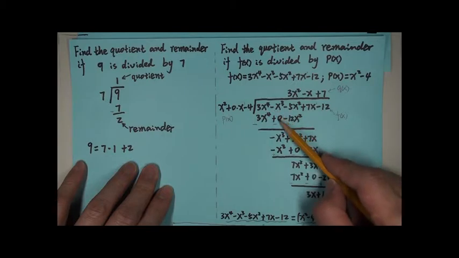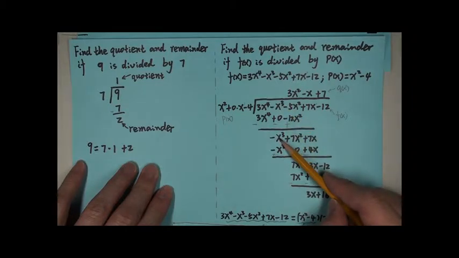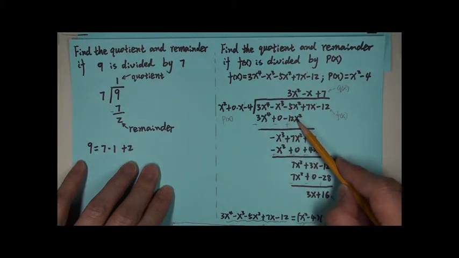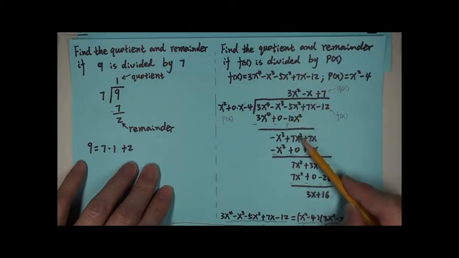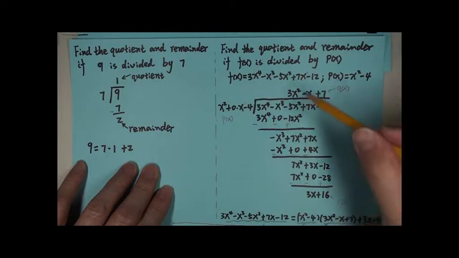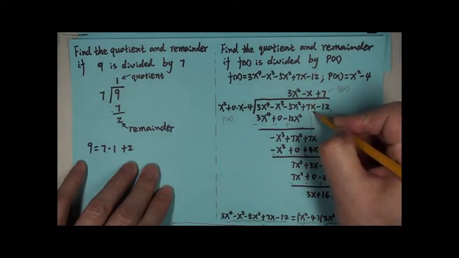Here it is minus 0, so it's just negative x cubed. Plus 12x squared and minus 5x squared together is positive 7x squared. Take the 7x down, and take the last term down here.